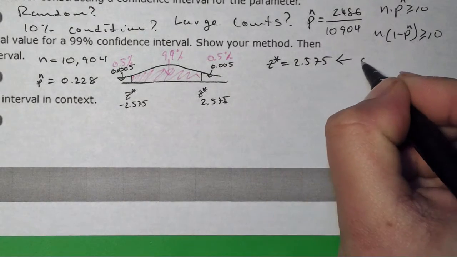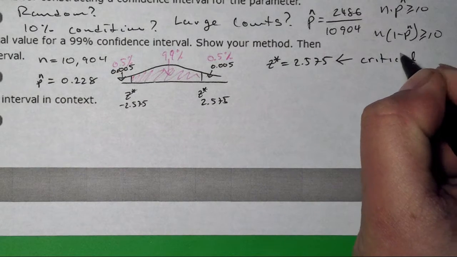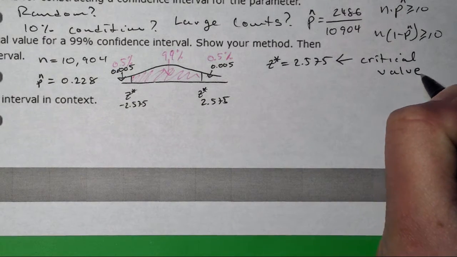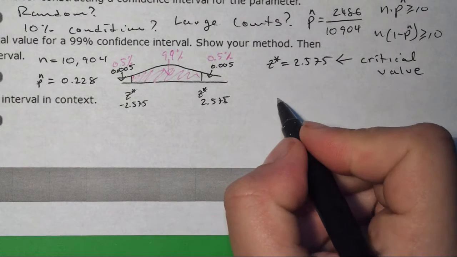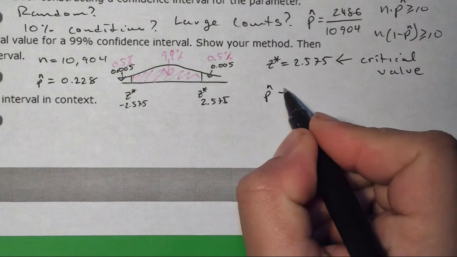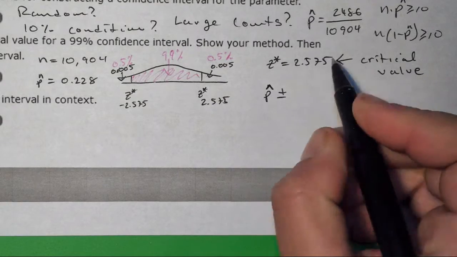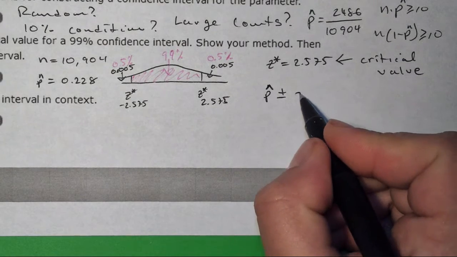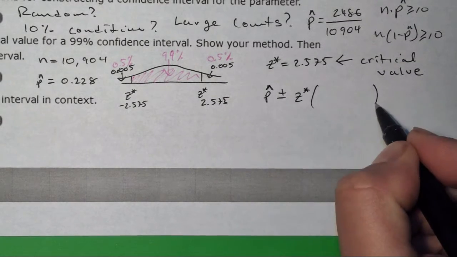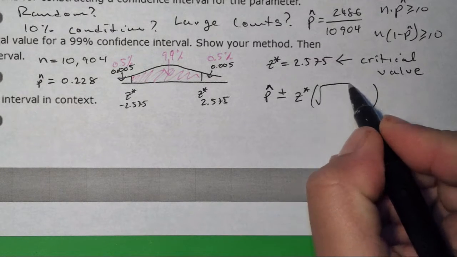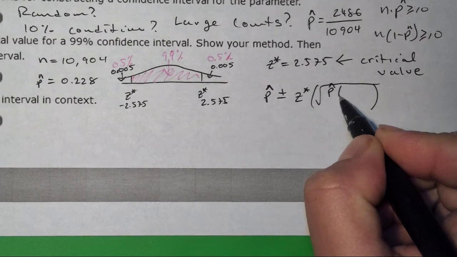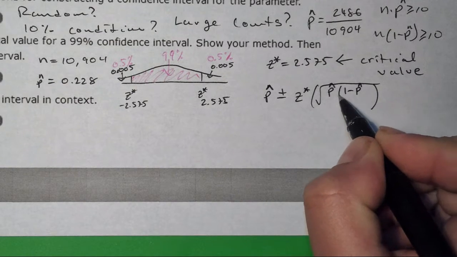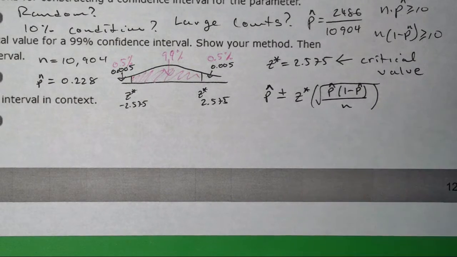This is your critical value. Alright, now we use the formula to actually calculate the interval. And the formula was p hat plus or minus your critical value multiplied by the square root of p hat times 1 minus p hat, all divided by n.